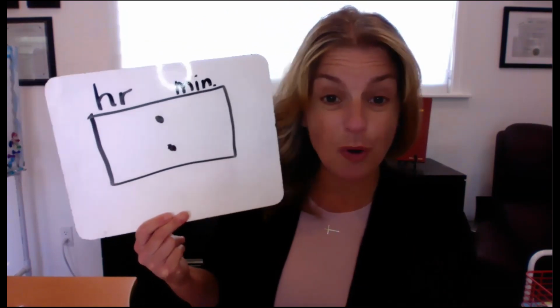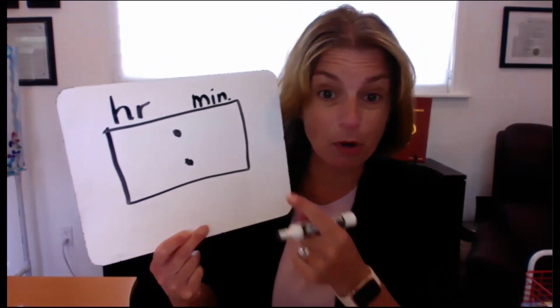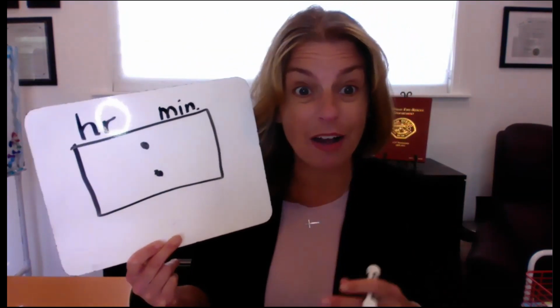Now, as a reminder, your digital time is you have the hour and then the colon and the minutes on this side, okay? So if you want to get either a whiteboard or a piece of paper and write the digital time of what I'm holding up, that'd be great practice for you.